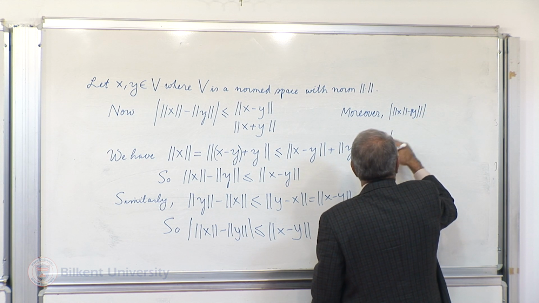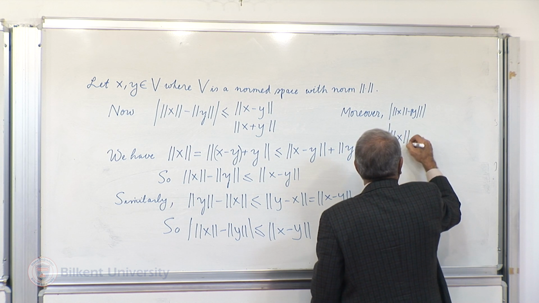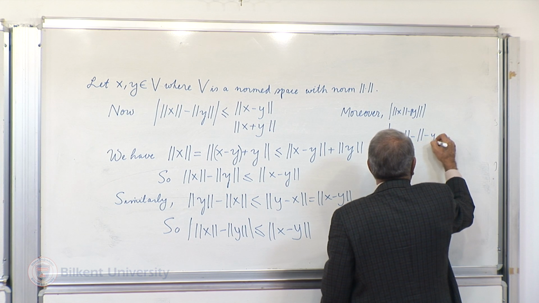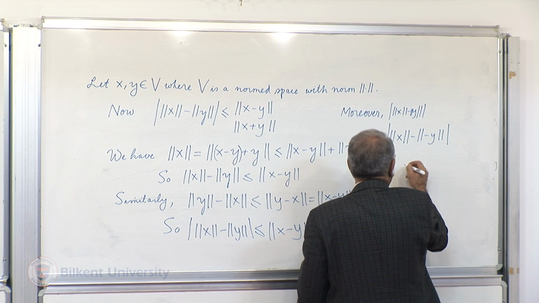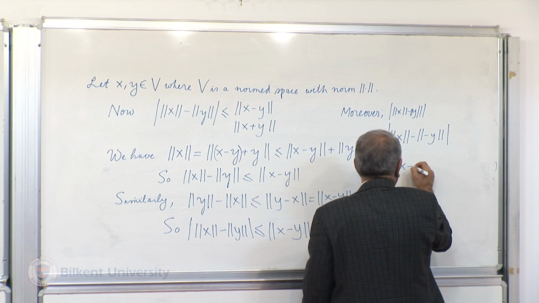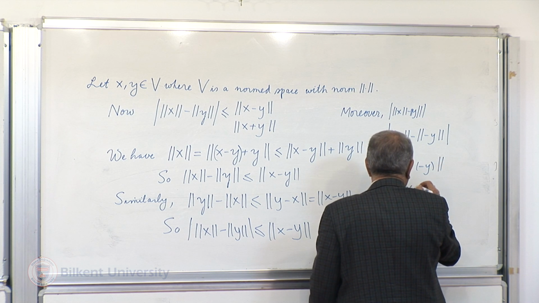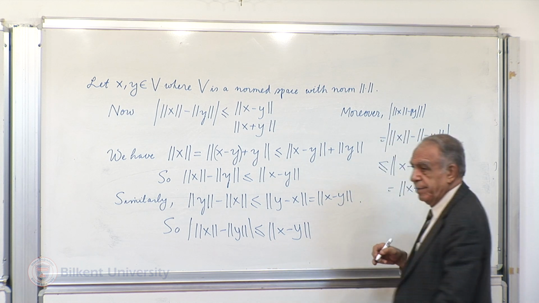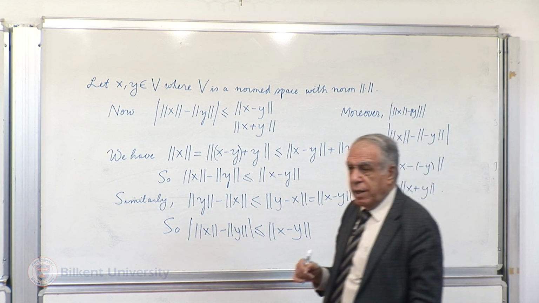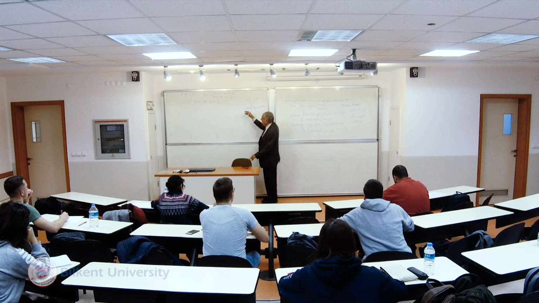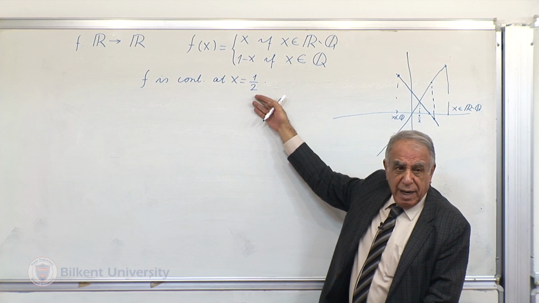This is equal to the norm of x minus the norm of minus y. But by what we have shown, that's less than or equal to the norm of x minus minus y, which is the norm of x plus y. Okay? So we'll use this in showing pictorially that this will be discontinuous at each x different than 1/2.